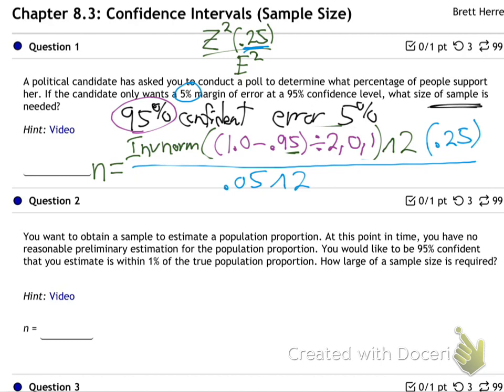So divide by 0.05 squared. I got n equals 384.1, and remember we round it to 385. Round to 385. Well, yeah, no, I think it's all good. I'll just leave it. So make sure you're doing the two parentheses when you begin the part right there.